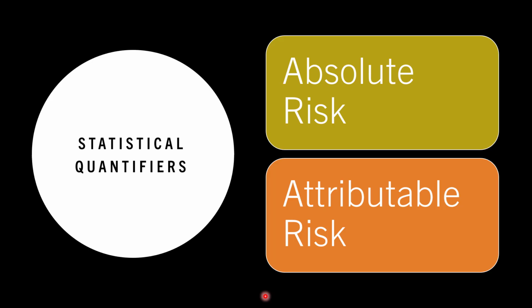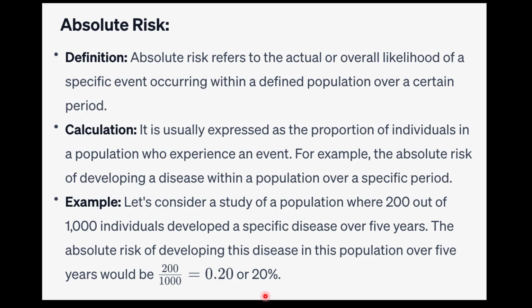Another two important terms are the absolute risk versus the attributable risk, or the absolute risk difference. So again, it is a risk like the relative risk, okay? It's not odds.